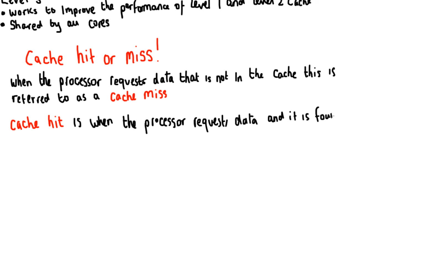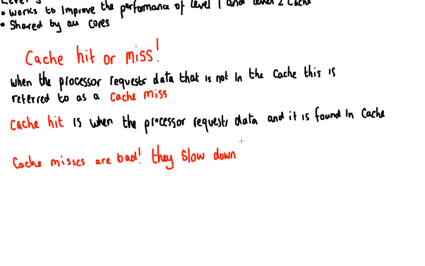The more cache misses that we have, the more inefficient our system will be. Now this is very bad. Cache misses slow down the overall speed of the whole system. The goal of any system should be to reduce the amount of cache misses that occur in any system.